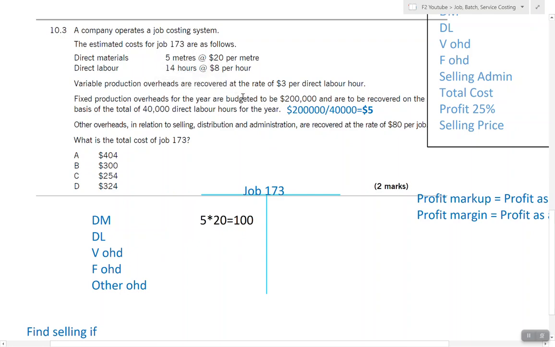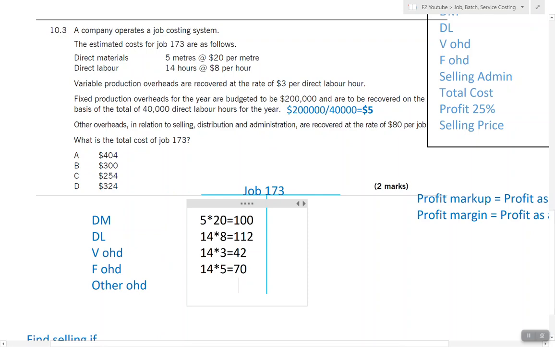Next, we are using 14 hours at the rate of 8, which becomes 112. Variable overheads are also based on labor hours, so the same 14 multiplied by 3. And then fixed overheads are also based on labor hours. We have 14 multiplied by 5. So hours are the same, rates are just different every time.